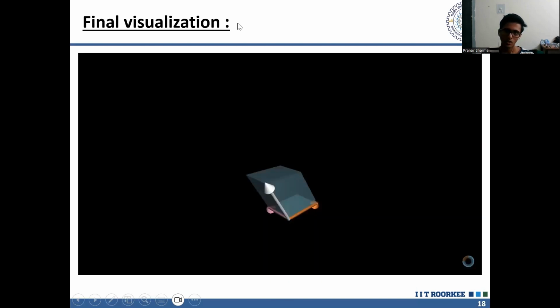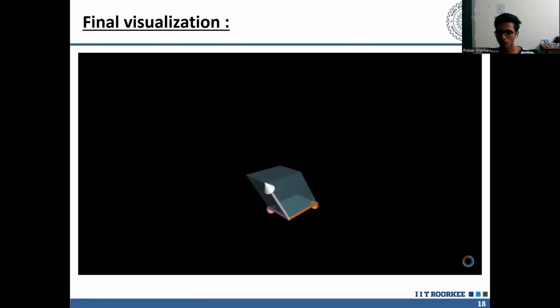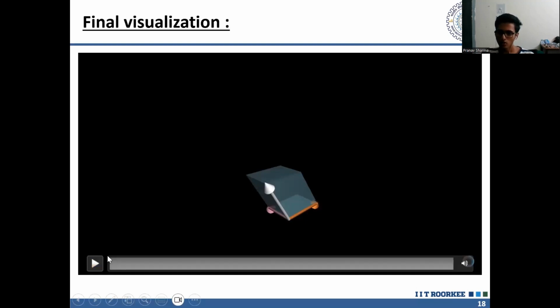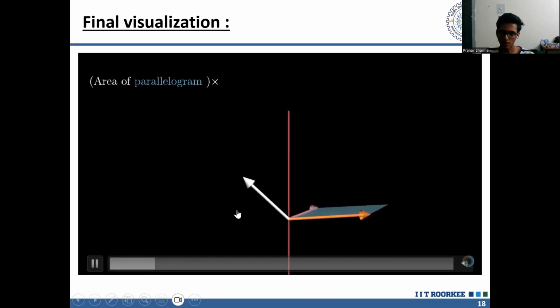Now, let's see the visualization of how the numerical computation is leading to the volume and area, and also a vector perpendicular to both V and W in cross product. So, we first start with the area of the parallelogram formed by V and W. Now, we multiply it with the length of this vector. This vector is the xyz vector, which is a variable vector.